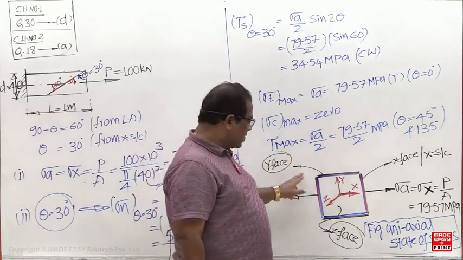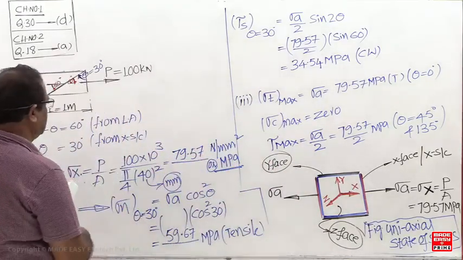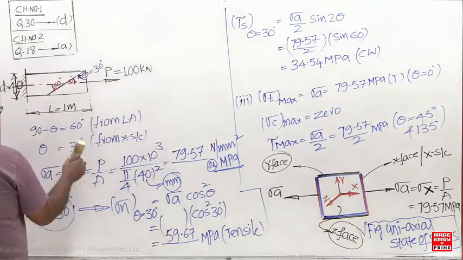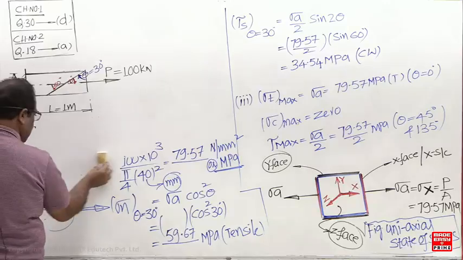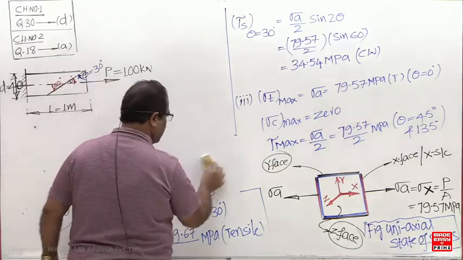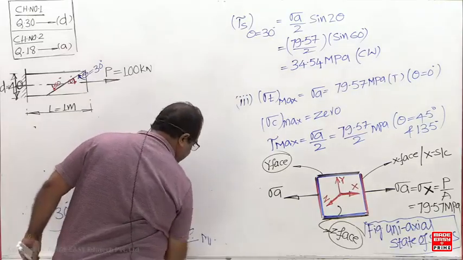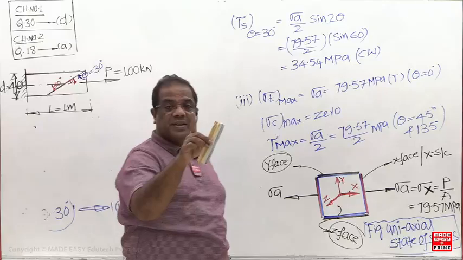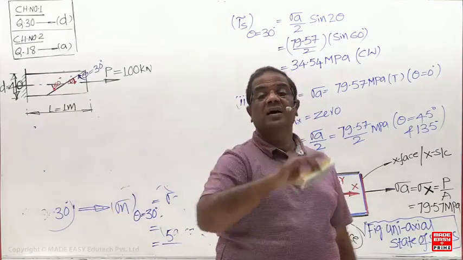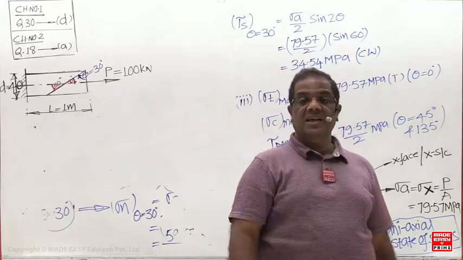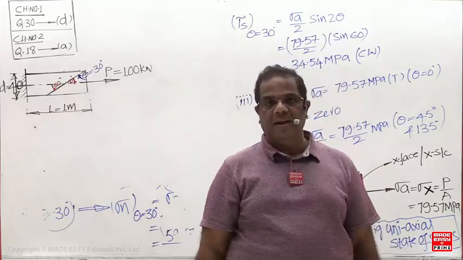So just now, whatever you have studied is a uniaxial state of stress. If somebody asks what the state of stress represents: it represents the different stresses developed on the three mutually perpendicular planes.